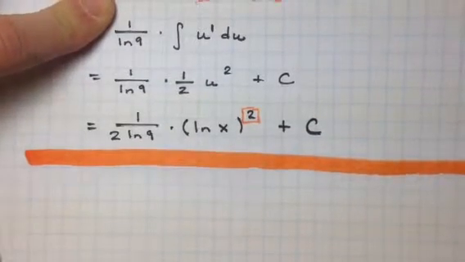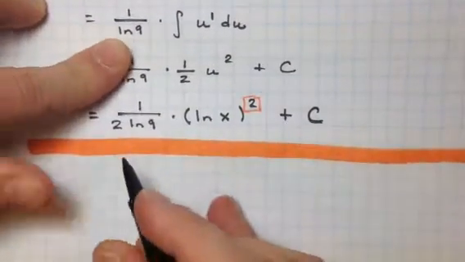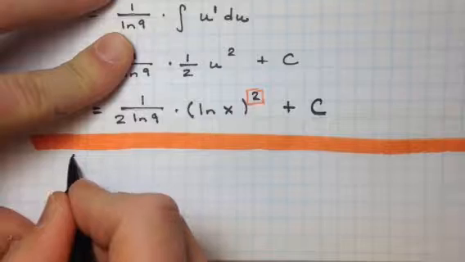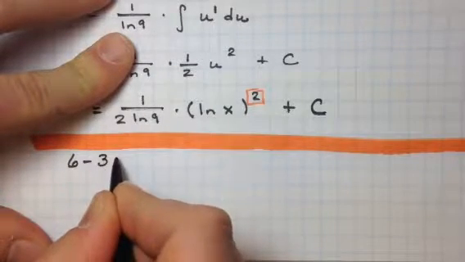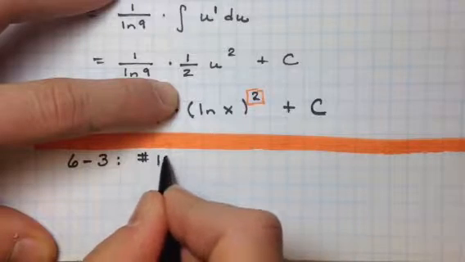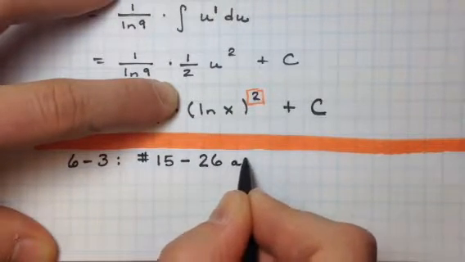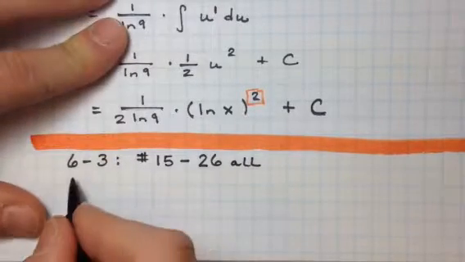Okay, so with that in mind, I want you to get out your book, and I want you to turn to section 6.3, and in 6.3 you're going to do numbers 15 through 26, all.